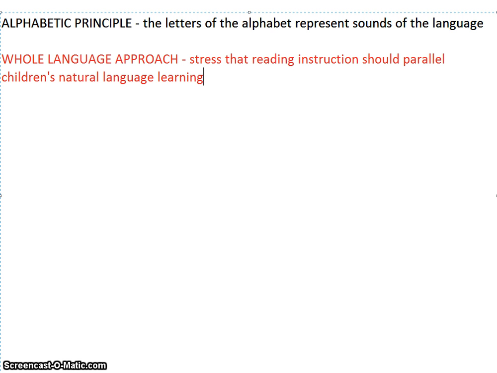Basically, the reading material should be whole and meaningful. So you memorize whole words. This would be, for example, books like See, Spot, Run. You memorize what the word is, the whole word, whole language. That's the approach to learning to read.